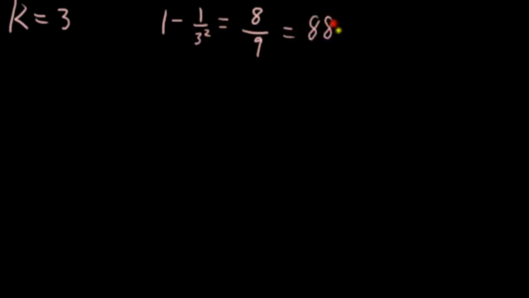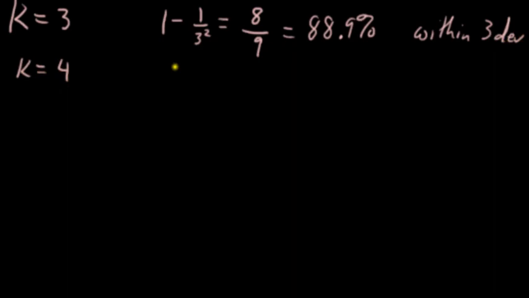Let's do a couple more just to see how far we need to go. If k equals 3, 1 minus 1 over 3 squared. 3 squared is 9, so we've got 8/9, which is 88.9% within 3 deviations of the mean. And let's go one more.